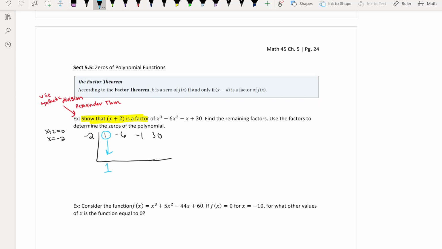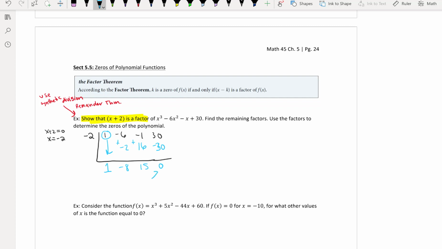So it's a 1. 1 times negative 2 is negative 2, and I add on the inside. So negative 6 plus negative 2 is negative 8. Negative 8 times negative 2 is a positive 16, plus a negative 1 is a positive 15. 15 times negative 2 is a negative 30. So my remainder here is 0.